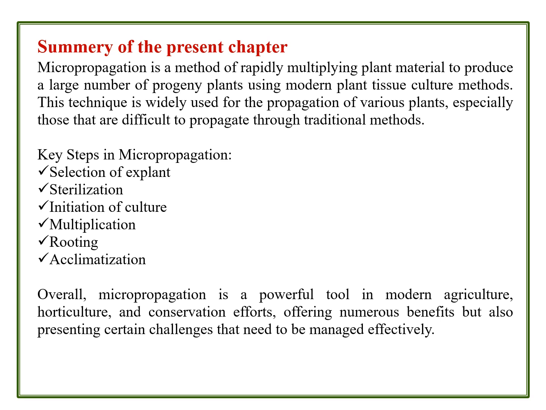The key steps in micropropagation comprise, first, selection of explant. This is an important criterion, where the explant condition, viability, health, and hygiene are very important to establish the micropropagation.